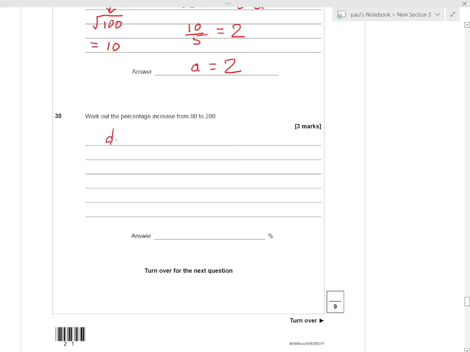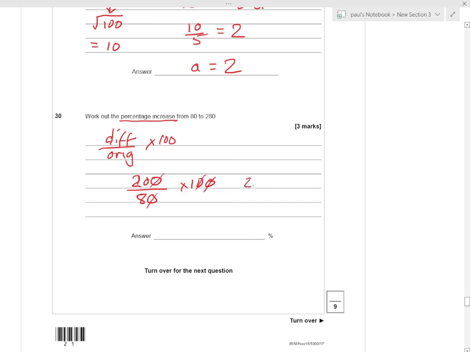Work out the percentage increase from 80 to 280. This is the difference over the original, times 100 to change it into a percentage. The difference between these two is 200. The original is 80, times 100. Let's cross some zeros and make this simpler.